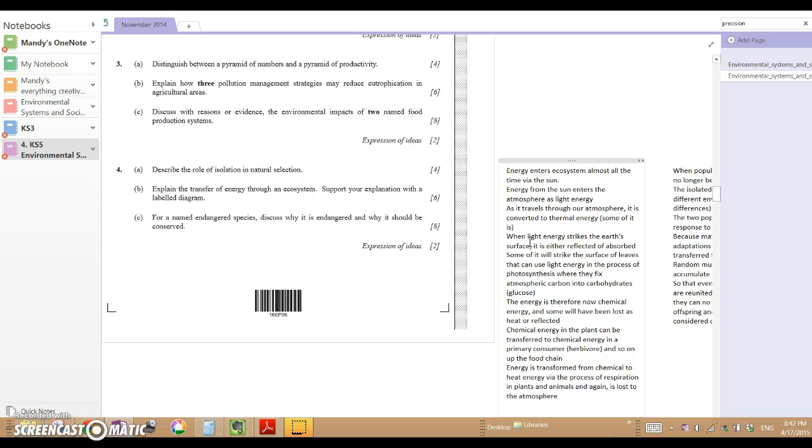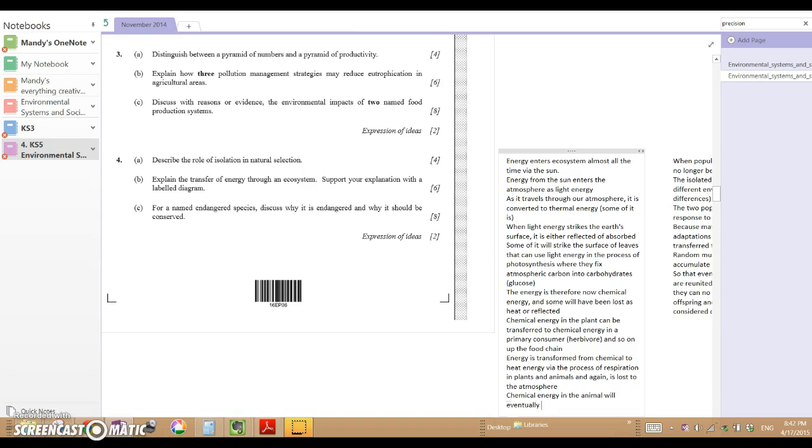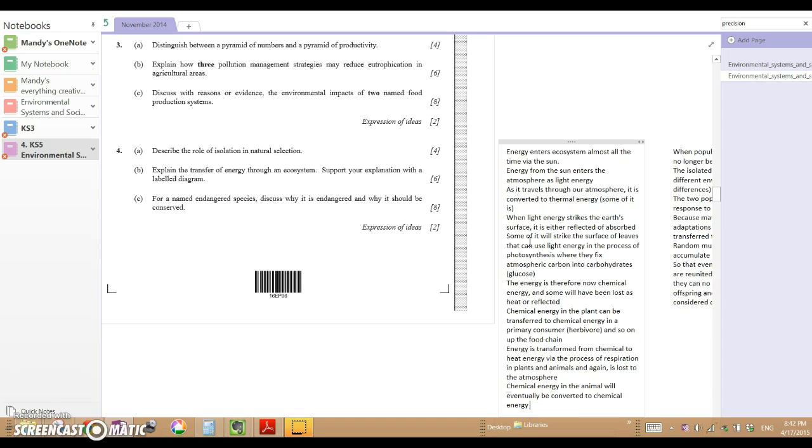Then the animal eventually dies, so chemical energy in the animal will eventually be converted to chemical energy in decomposers.